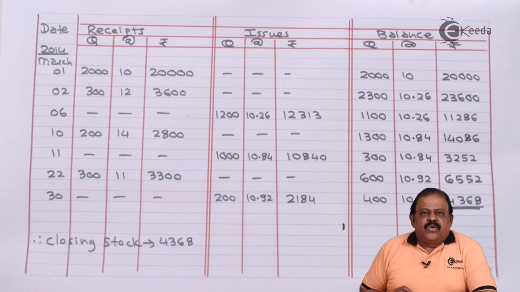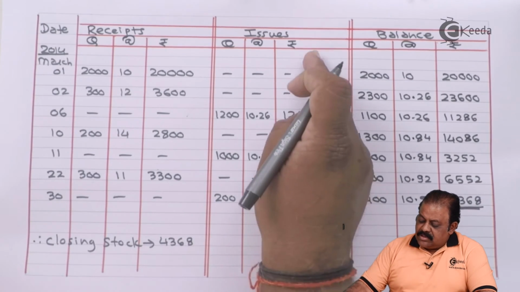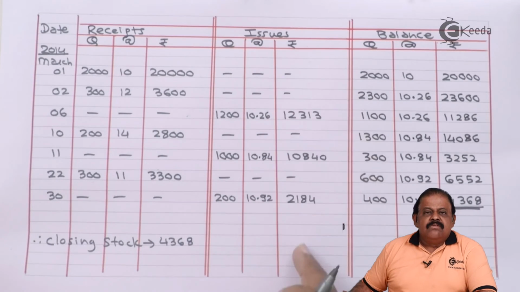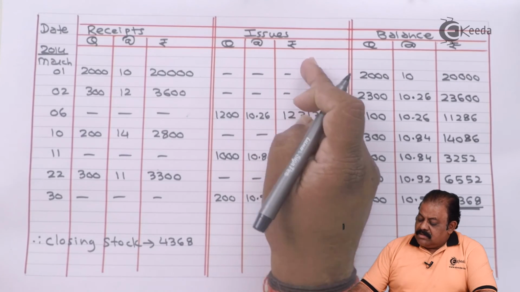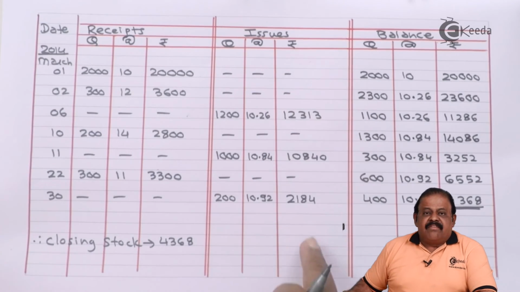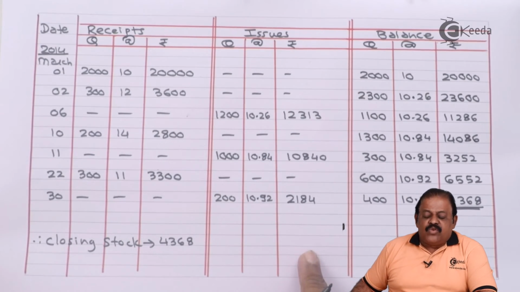We are also required to value cost of goods sold. For that purpose we are required to take total of this column. In issue segment, this column total we are required to take to find out cost of goods sold.